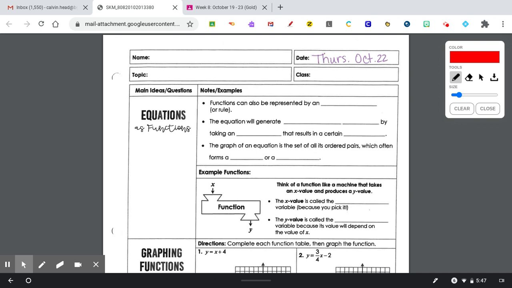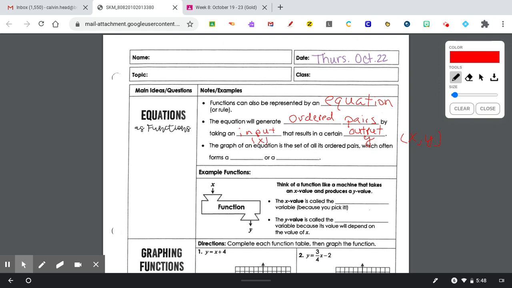All right. Functions can also be represented by an equation. The equation will generate ordered pairs by taking an input, which is usually the x, that will result in an output, which is usually the y, and then that's how you get your ordered pair.